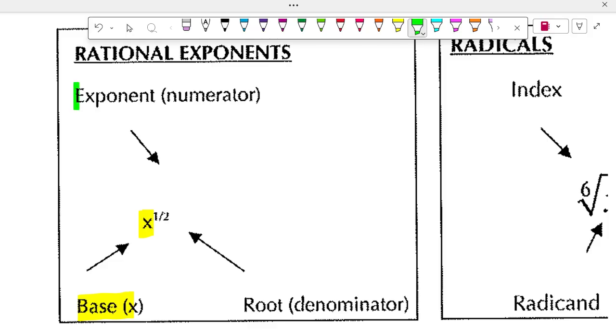Your actual exponent, or the power that you're raising x to, is the 1, or the numerator. The root, in other words the type of root that you're taking of x, is your denominator. So a square root will be taken because it's a 2.